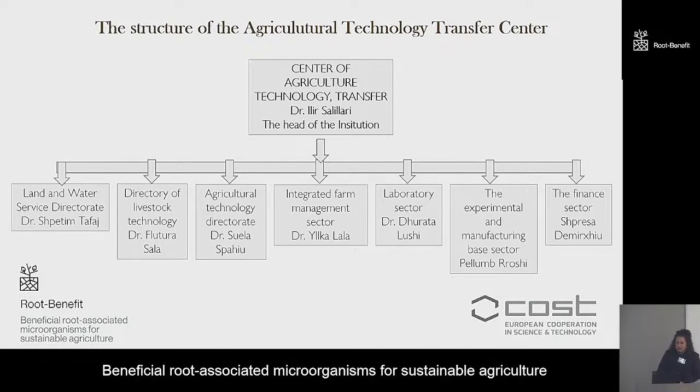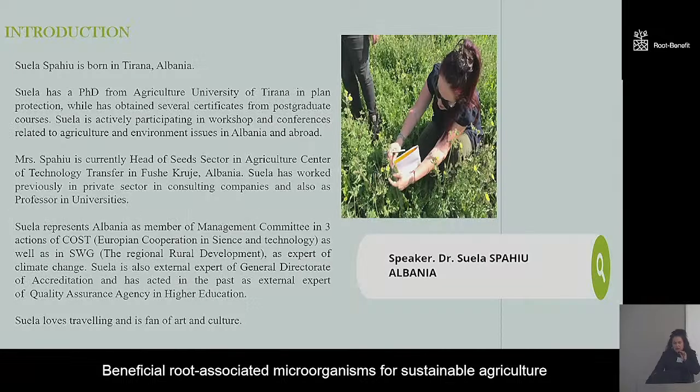We have also the experimental and manufacturing-based sector, which in 2024 is testing 5 varieties of barley, 30 wheat varieties, and 5 alfalfa varieties, for which I am responsible in this institution. Also, at the end, we have the finance sector of the institution.